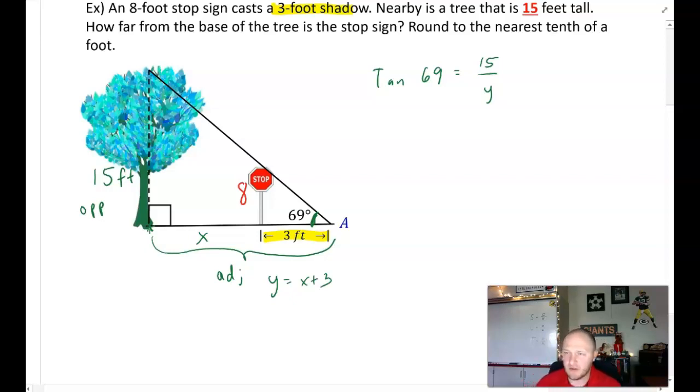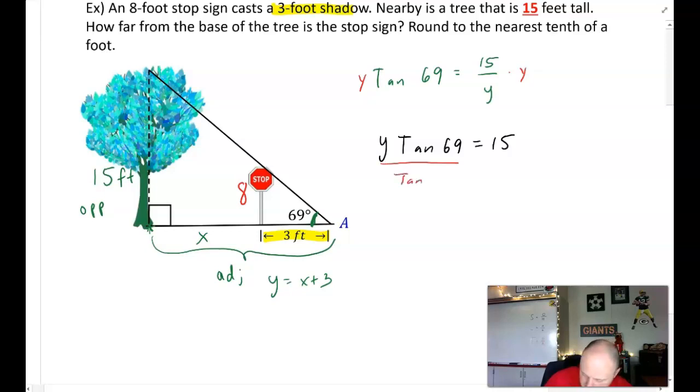Solving this, I'm going to go ahead and multiply both sides by y. So y tan 69 is equal to 15. And then we'll divide both sides by tangent of 69. And we get y is equal to 15 over tan 69.